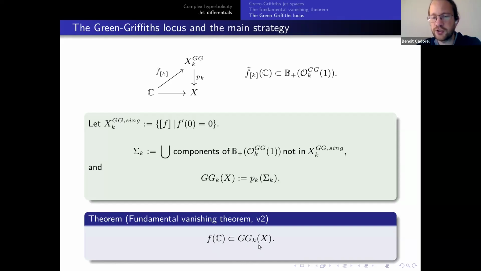And it gives you a strategy to try to prove that you don't have any entire curve on your manifold. You can attempt to prove that this locus is actually empty.